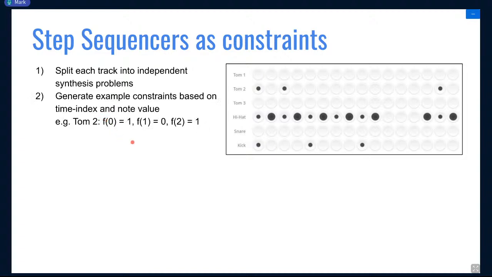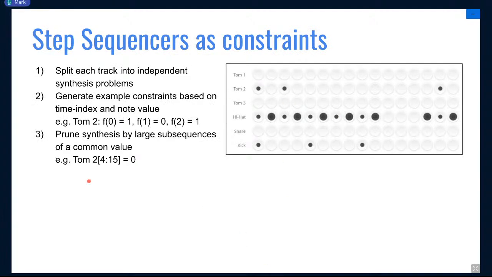And we're going to generate example constraints based on the time index and the note value. So here for Tom2, we have f of 0, the 0 time index should have the value 1, f of 1 should have the value 0, and f of 2 should have the value 1. And so these are the constraints. And now we say, okay, I need to find a function that fits these constraints.